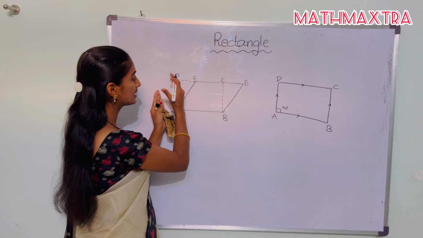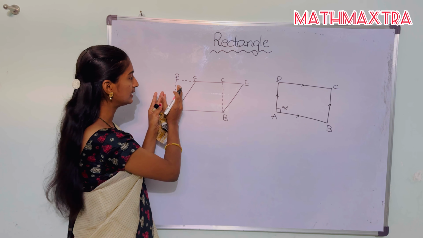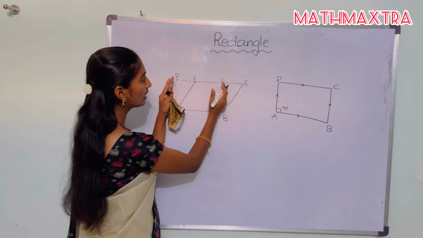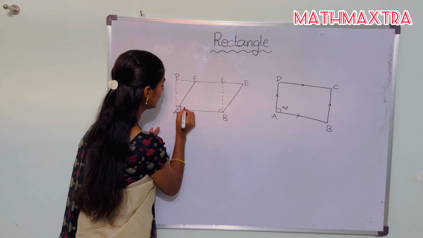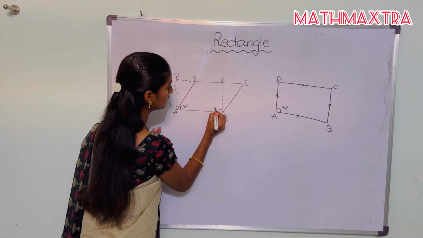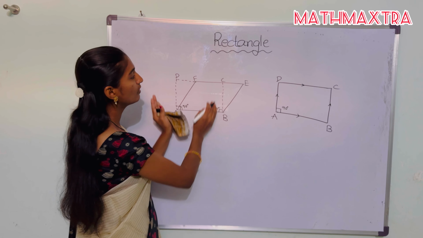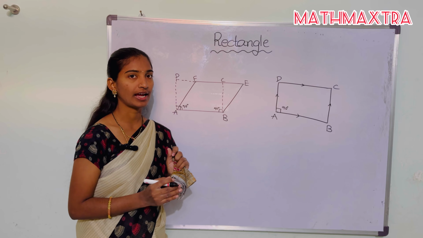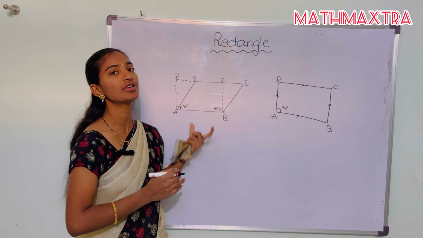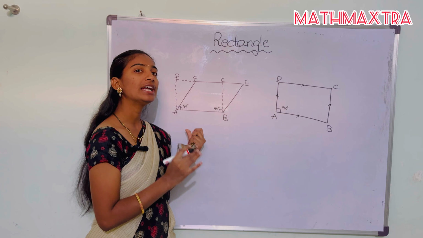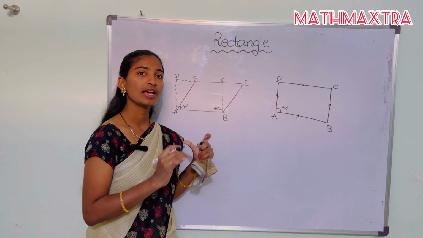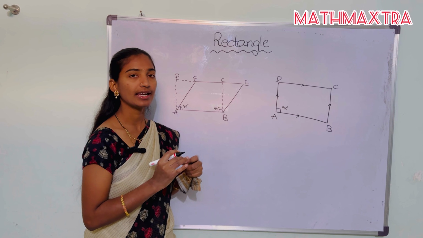Means we are extending this angle up to 90 degrees. Then it will look like this, where this is 90 degrees and this is 90 degrees, isn't it? So then we call this a rectangle. This is the definition in terms of a parallelogram. A parallelogram in which one of the interior angles is 90 degrees, then we call this a rectangle.